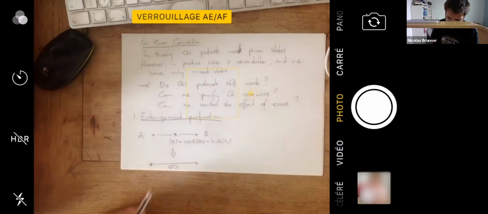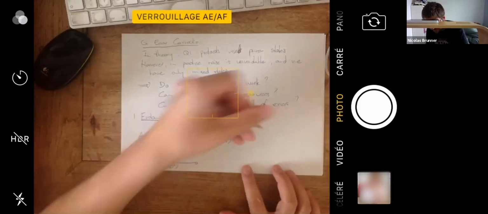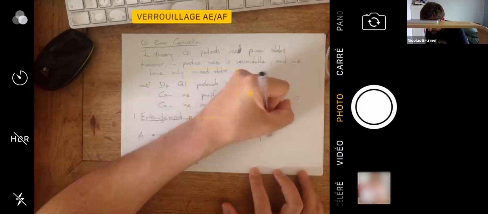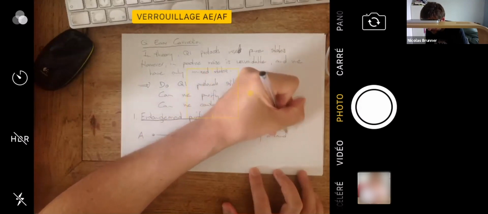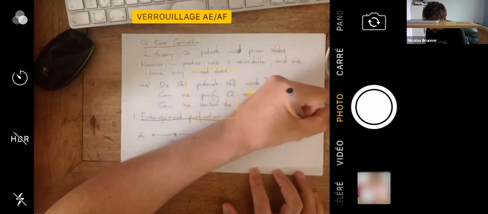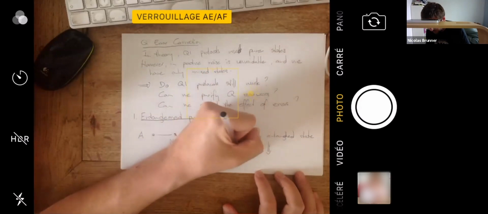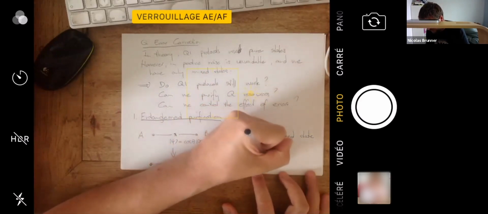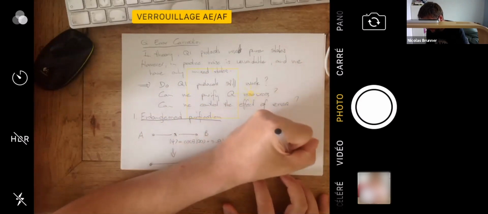Okay, so you see what I have here is a partially entangled state, and I would like to go to a maximally entangled state. So this is a Bell state.